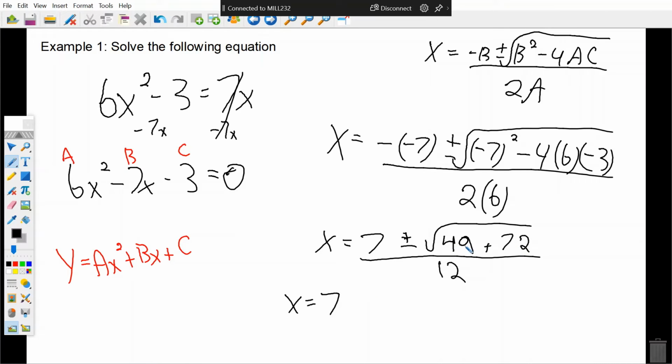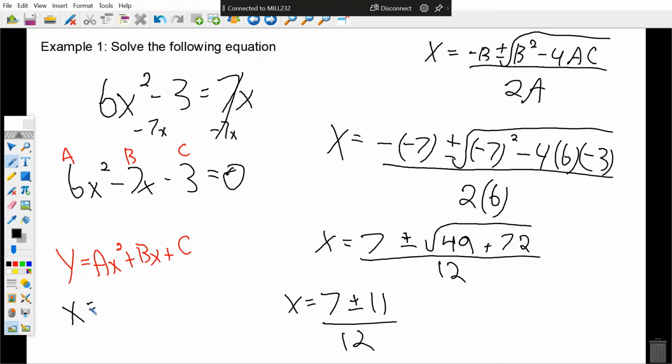I'm running out of room, so I'm just going to combine these steps. 49 plus 72 is 121, and the square root of 121 is 11. So now I have 7 plus or minus 11 over 12. At this point, we have to solve for both: 7 plus 11 divided by 12, and 7 minus 11 divided by 12.